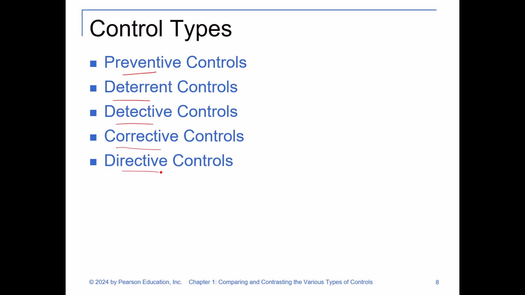We have to know what type of control and then what type will actually function correctly. Because you can have physical controls that are preventative and deterrent and detective. So understanding the control types will play a better role in understanding the controls as a whole.